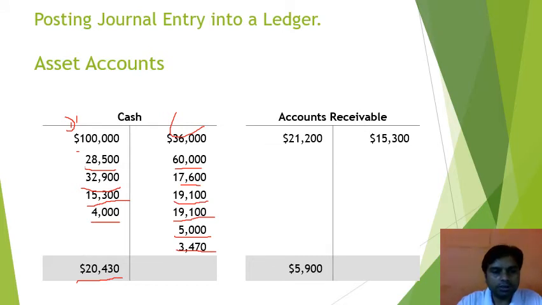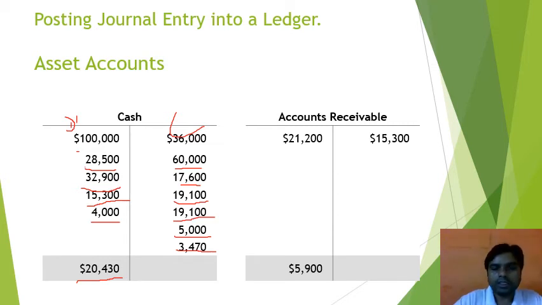When you total the debit side and the credit side, you will find that a balance of 20,430 rupees was left on the debit side. It means at the end of the month on 31st January, the company has 20,430 rupees in hand.